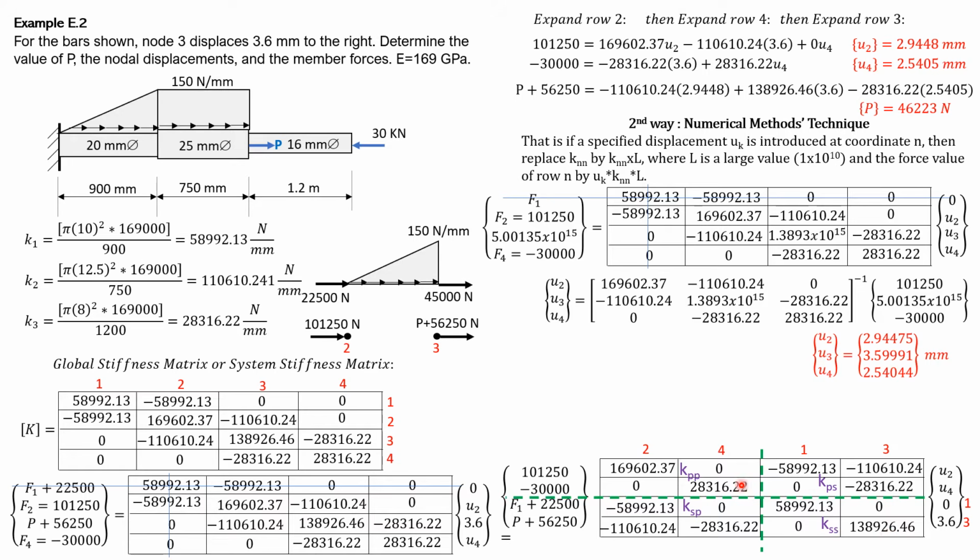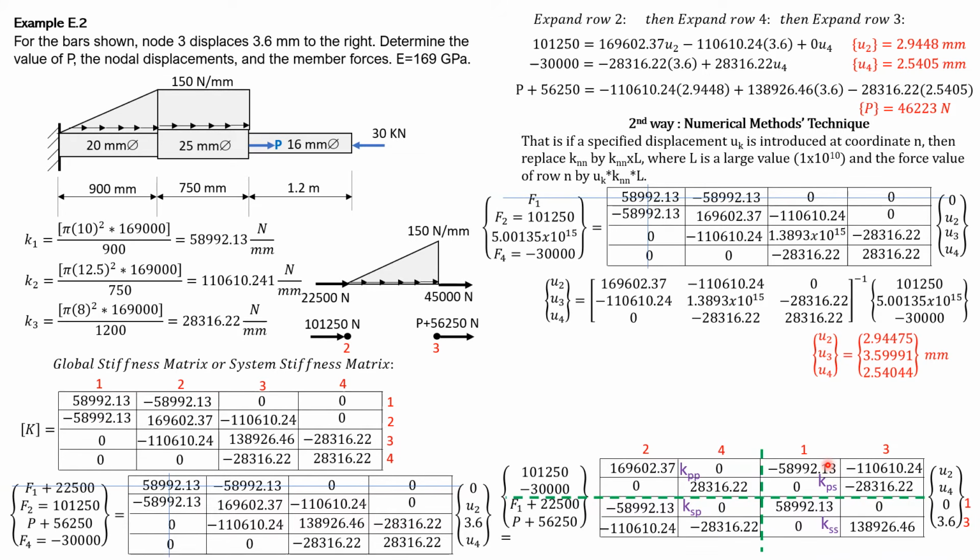138926.46. Then for the other cells, this is row 2, column 4. Row 2, column 4 is 0, so that's why it's 0. 2, 4 is also 0. Still, this is symmetrical. Then this is row 2, column 1, negative 58,992.13.